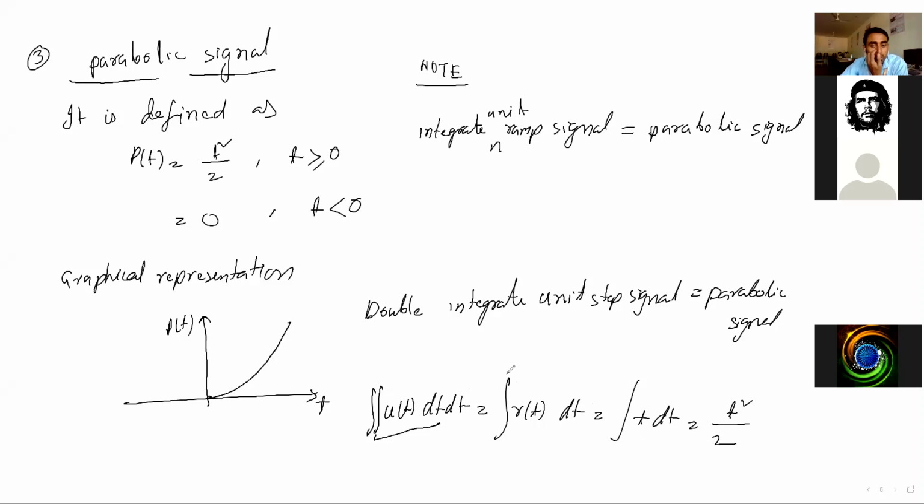So when we double integrate a unit step signal, we find the parabolic signal, and when we integrate the ramp signal one time, we get the parabolic signal. Like that, you should know the relation between each of the signals.